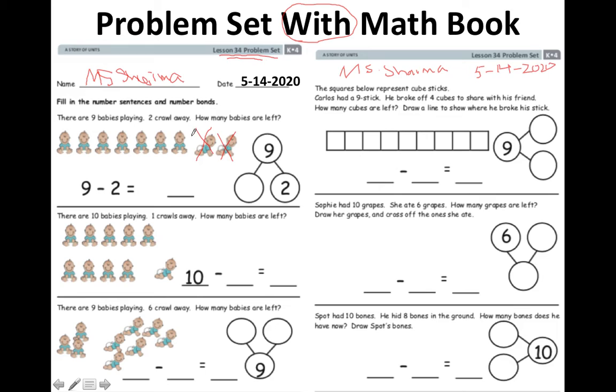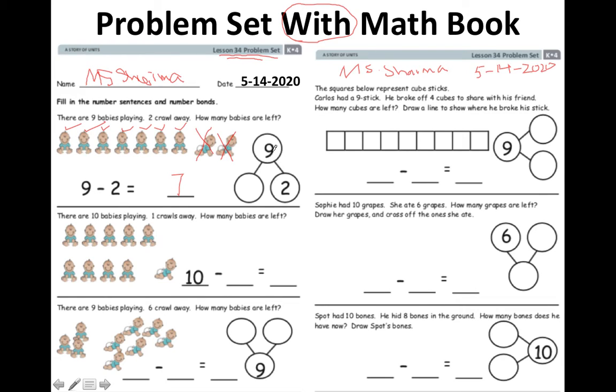And let's count how many I have. I have 1, 2, 3, 4, 5, 6, and 7. So I'm going to put 7 babies left, which means 9 minus 2 equals 7. Now this number sentence has to match the number bond, which is up here.